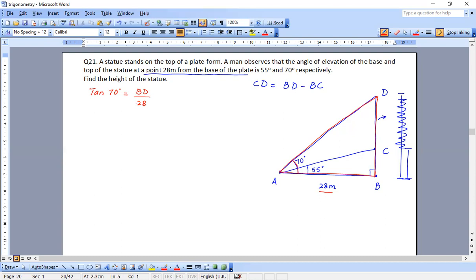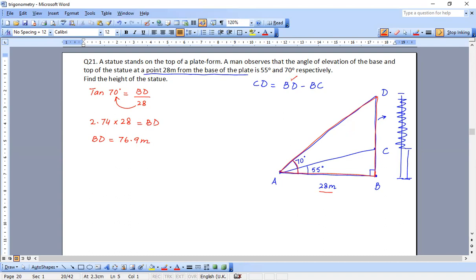Tangent 70 is 2.74, and I'll remove this 28 and multiply with whatever is the value of tangent 70, which is 2.74, multiply by 28 is equal to BD. Multiplying with 28, 76.9. So BD is equal to 76.9 meters.